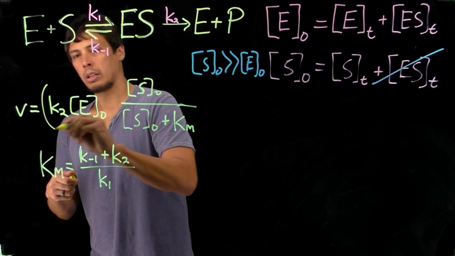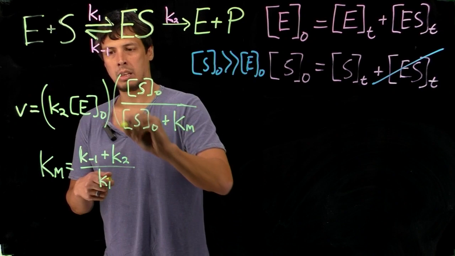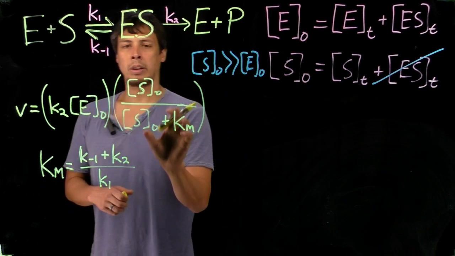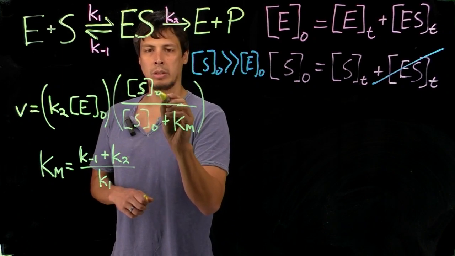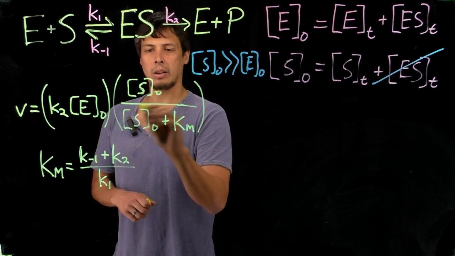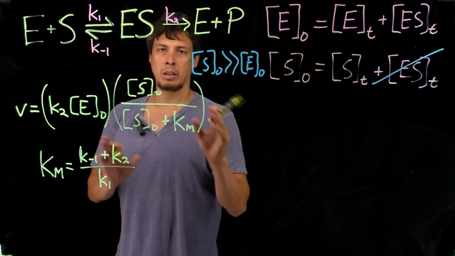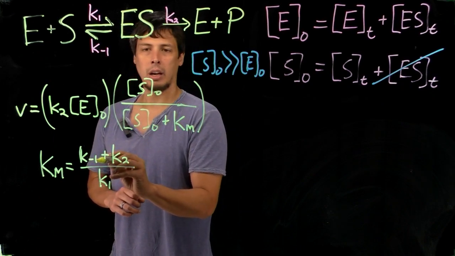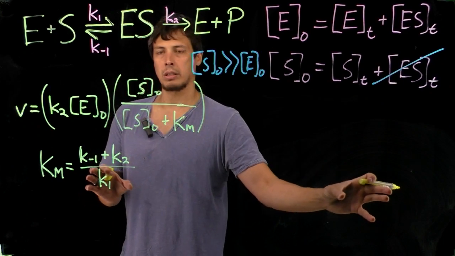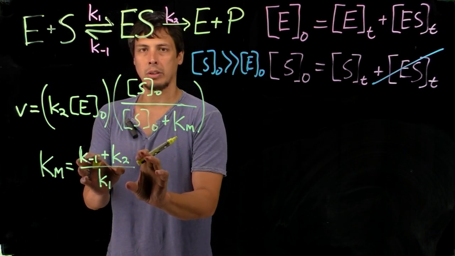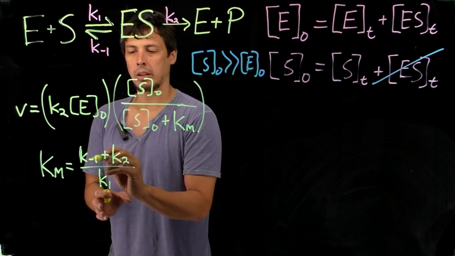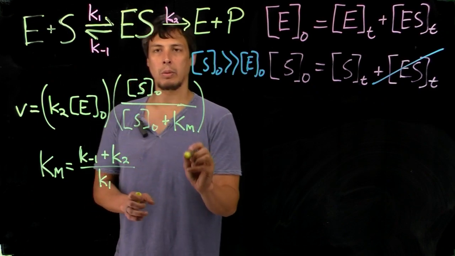So one is this k2 times E naught term, which is in the numerator, and the second is this term here, where there's S naught over S naught plus Km. Now note, Km is something that has been substituted, and that was this complex term with rate constants, which was equal in the last video to (k minus 1 plus k2) over k1.